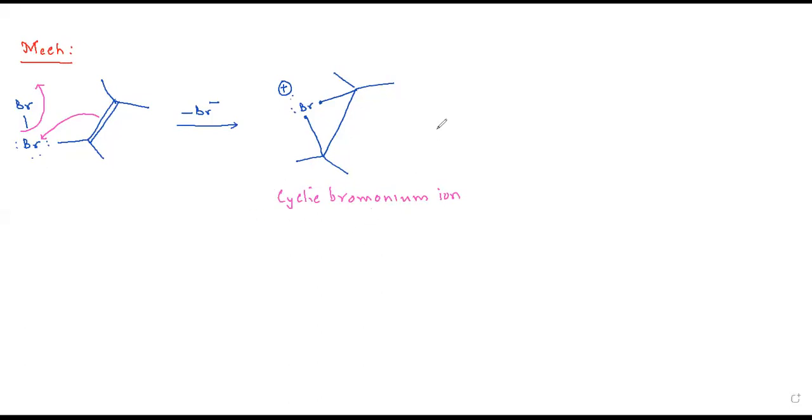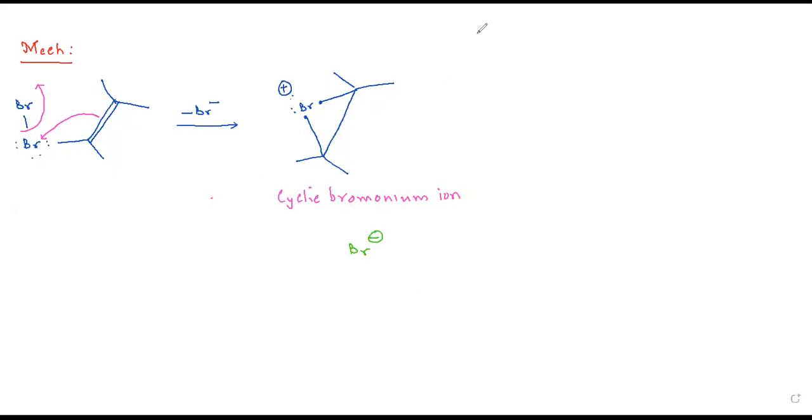Say this bromide, okay, take Br minus this one. Now, this bromide cannot actually enter from this area, right? From this area, it cannot enter because this is already closed. Okay, so forget about attack from that end.